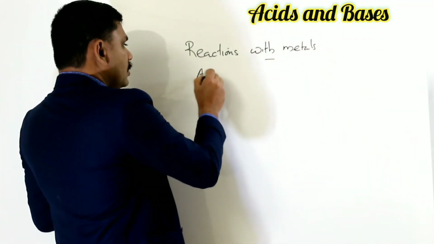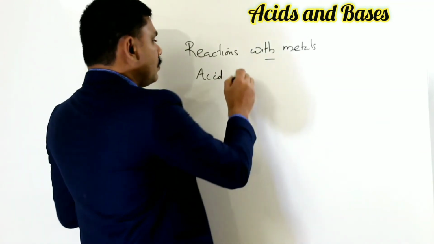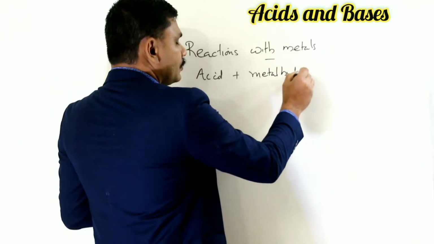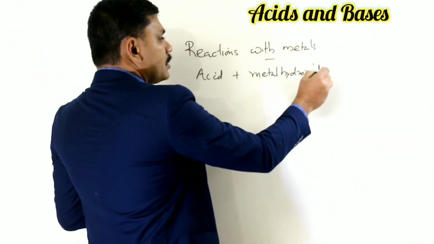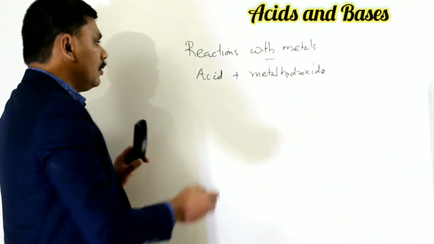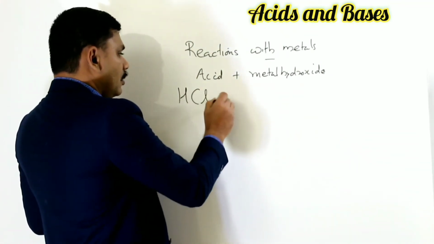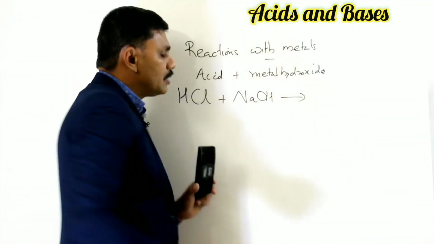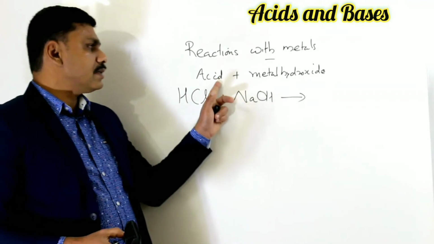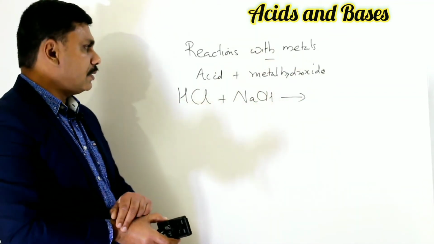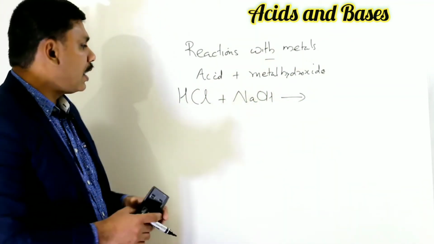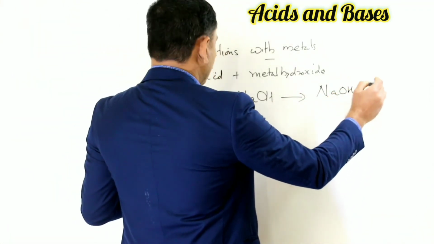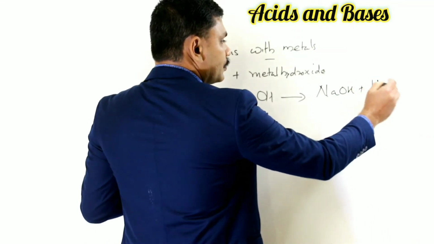So, acid plus metal hydroxide. For example, HCl plus NaOH. Acid plus metal hydroxide always gives salt and water: NaCl plus water, H2O.